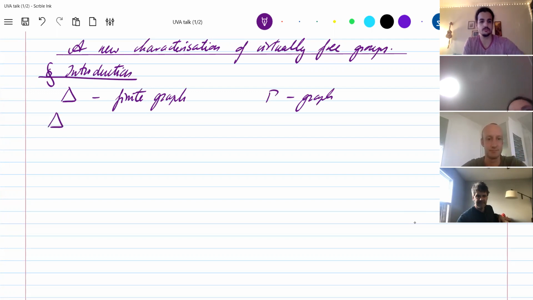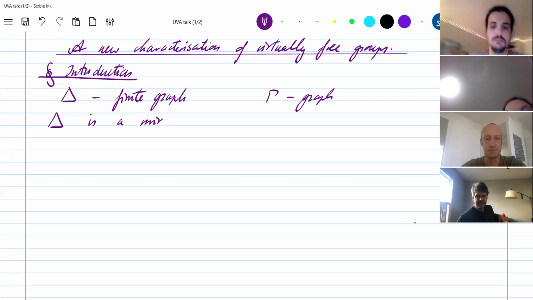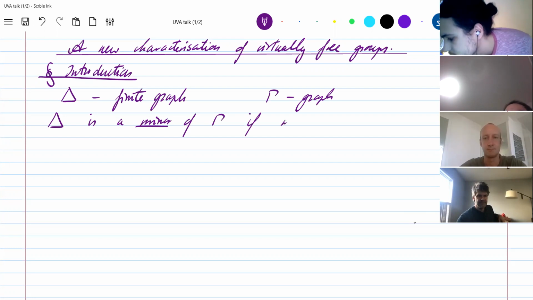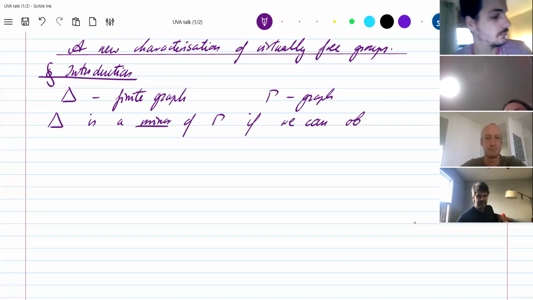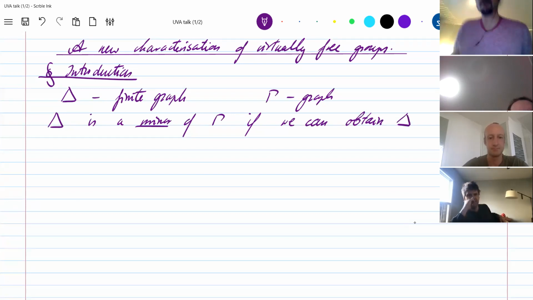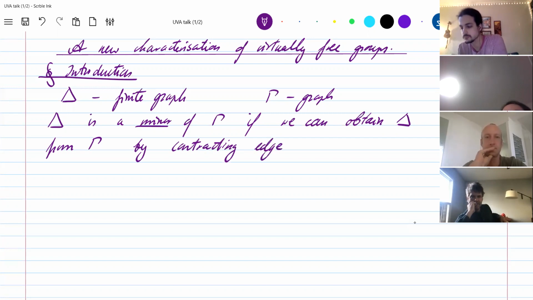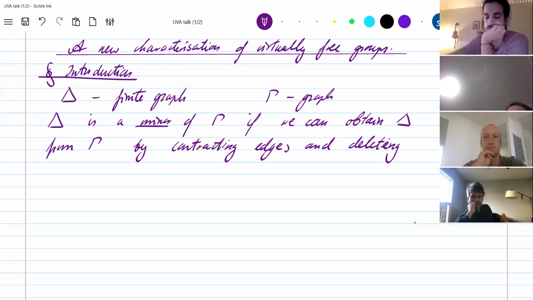And we're going to say that delta is a minor of gamma if we can obtain delta from gamma by, we can either contract edges, or we can also delete edges, and we can delete vertices as well.